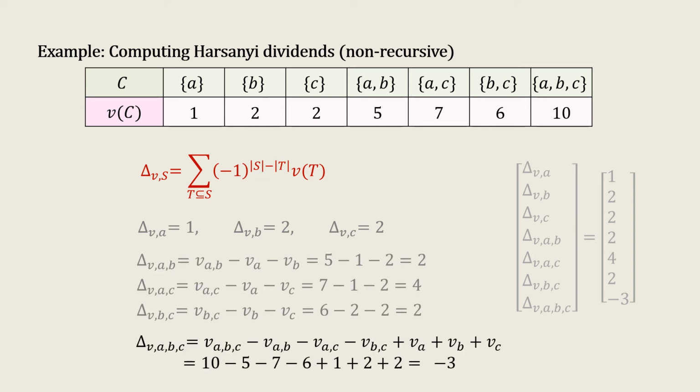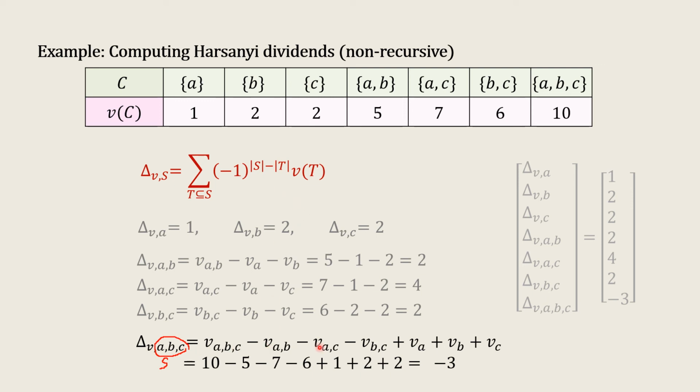Now let's look at ABC. So this is my S. And what are the possible subsets? ABC itself, AB, AC, BC, then A, B, and C. First of all, ABC is a subset. So when T equals ABC, I have negative 1 to the 0 of V of T, which is S, so value of ABC.